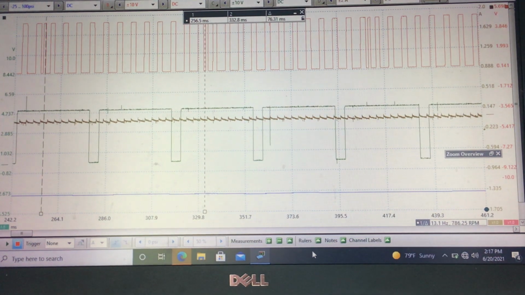And we're about, okay, 786, as you can see in the right corner right here. That will probably tell us that we're idling.